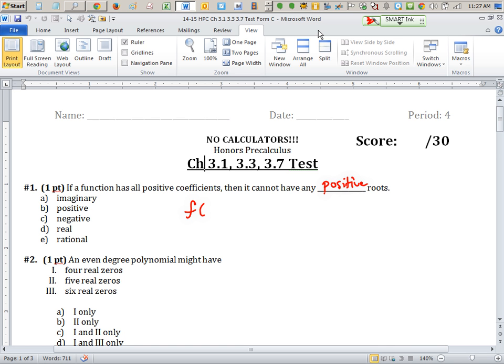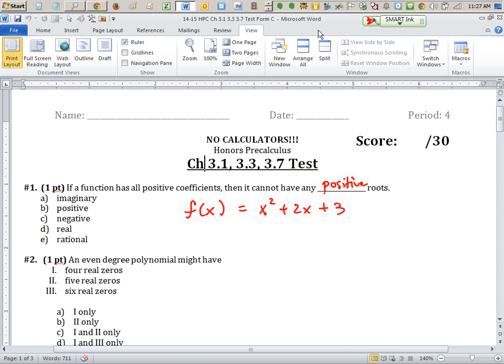Let's say you're given a function like this one, x squared plus 2x plus 3, right? A root would be a number that you could plug in, and everything would go to 0. Okay? So now I can imagine that happening if I were to plug in some negative numbers. For example, if you plugged in -1 right now, it would work. It would go to 0.